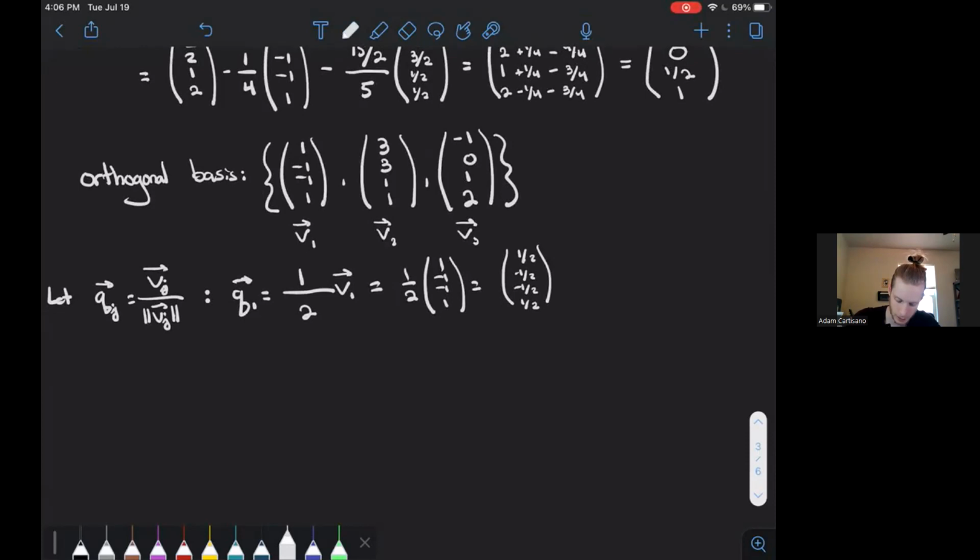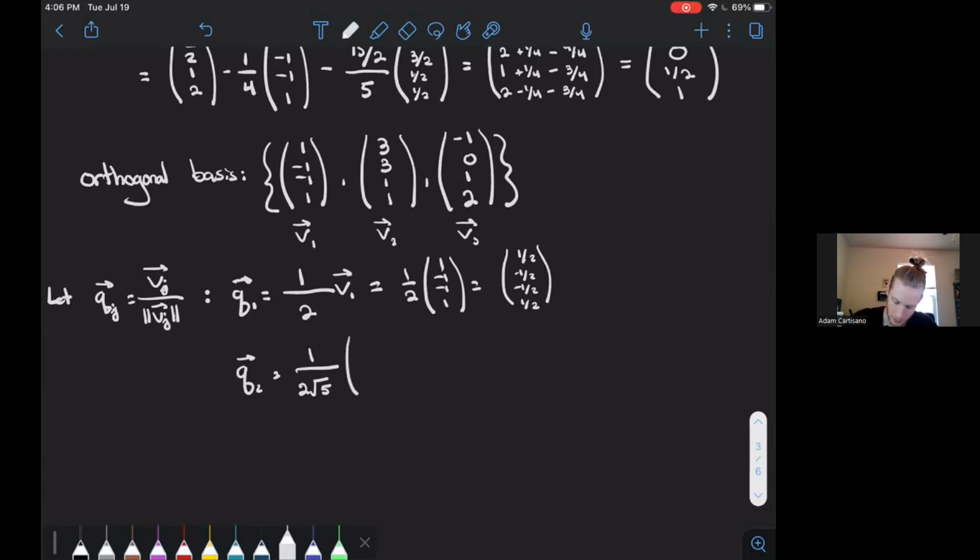Okay, Q2, let's go. We're almost done. This is going to be 1 over the norm of V2, which is the square root of 9 plus 9 plus 1 plus 1, square root of 20, which is 2 root 5. Right? 4 times 5 is 20.